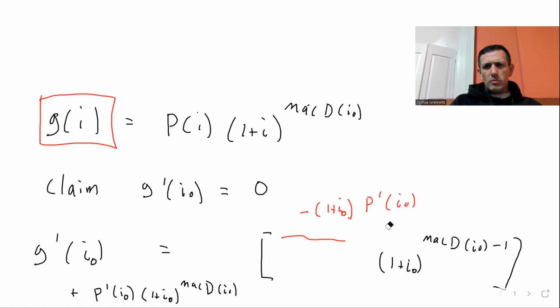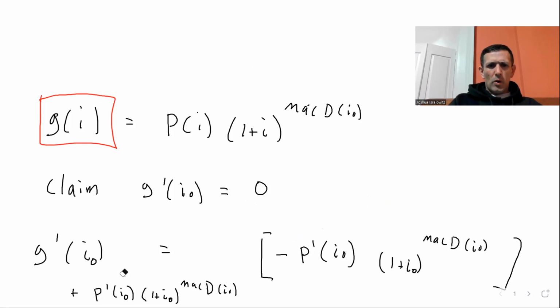This becomes, well, multiply -1 plus I0 by 1 plus I0. You add 1 to the exponent, so you get rid of that. Well, you still have, so the minus didn't go anywhere, and you still have minus P prime of I0, and that's all that's left.